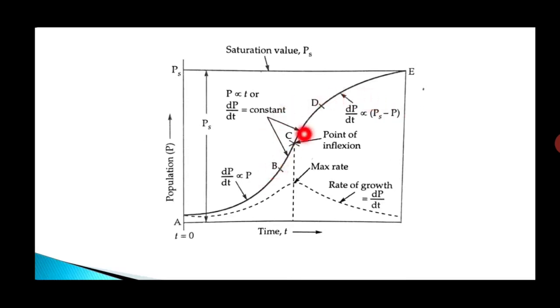And the middle portion BD will show an arithmetic increase. That means here the change in population occurs fairly at a constant rate.